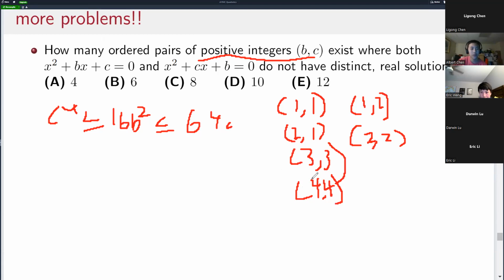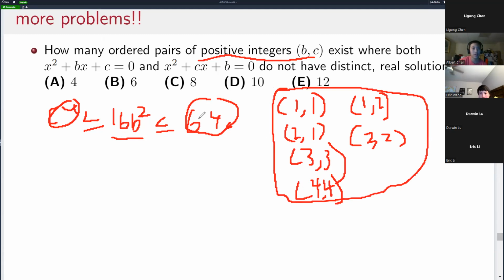And these are all of the solutions, because as b gets bigger, 64c will have to get even larger, but that means c to the 4th won't be less than 16b squared.